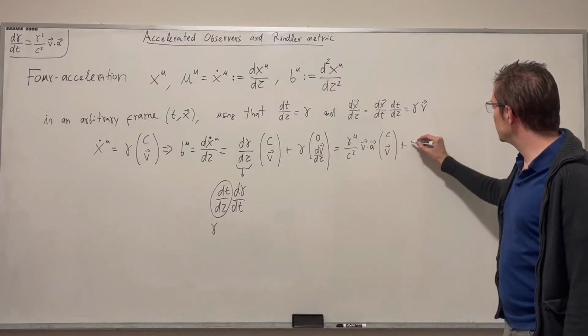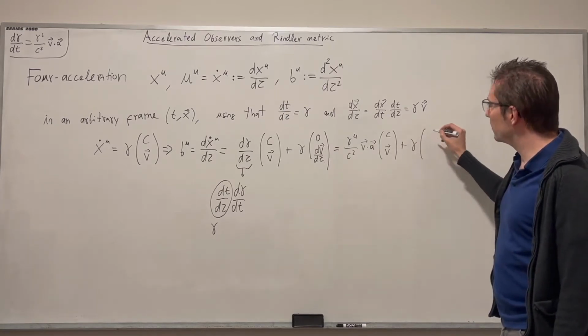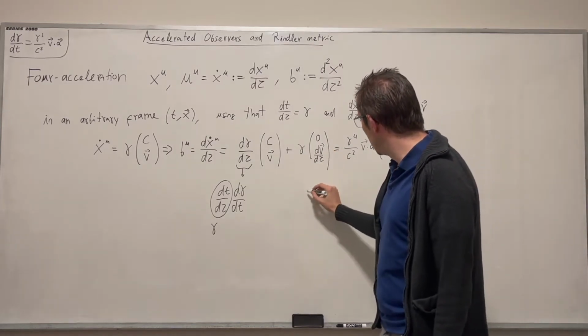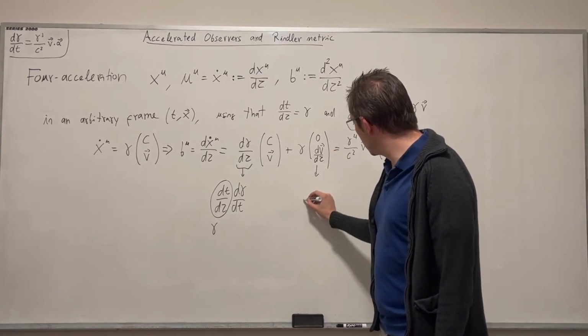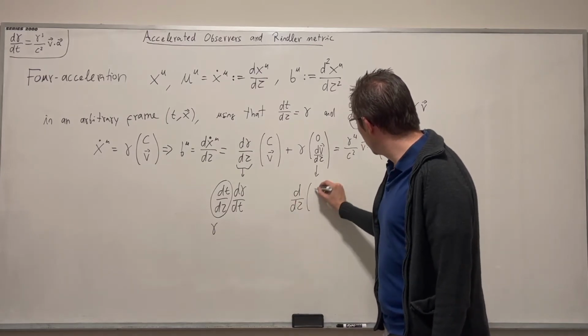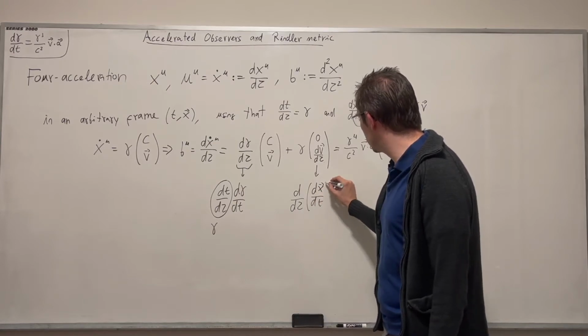All right, now the second term. The second term is a gamma, and now I have to play with it, well, the zeroth component is zero for sure. And what is this? Well, same as before, the velocity. So this term right here is nothing but the derivative with respect to τ of the derivative of x, the position, with respect to t, which is the velocity in that frame.